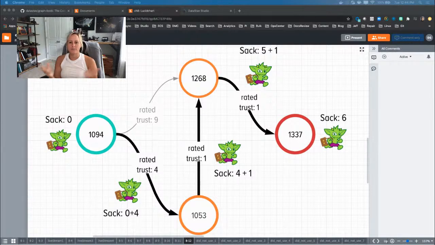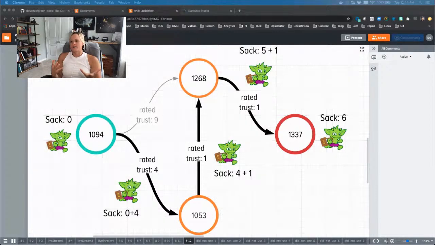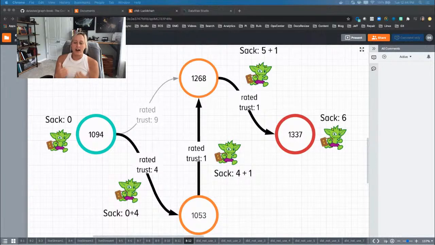So now we're trying to think about, well, which one do you trust more? And here's where it gets hard, because positive weights like 10 mean that you have high trust, and what we need to find in this application is a path of high trust.